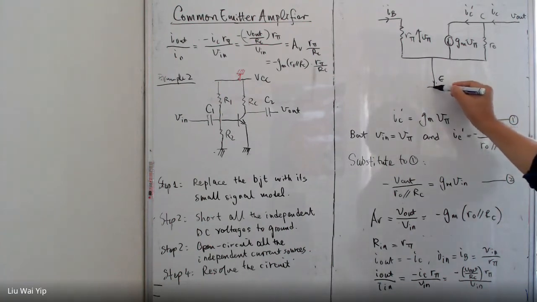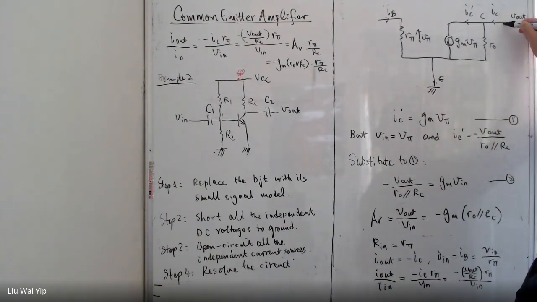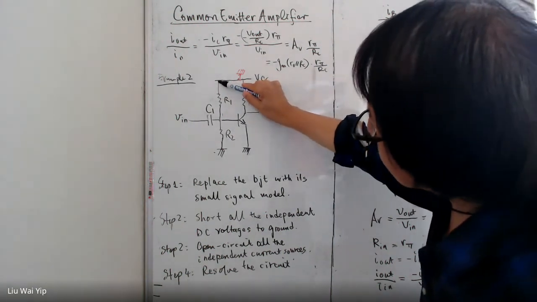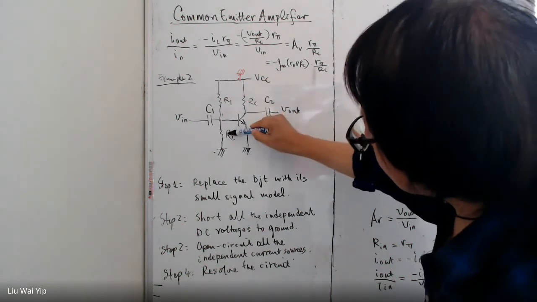So this one is grounded, and this one is connected to a resistor, which in turn is connected to ground. And now, how about here? This end is connected to the ground, R1 and R2.